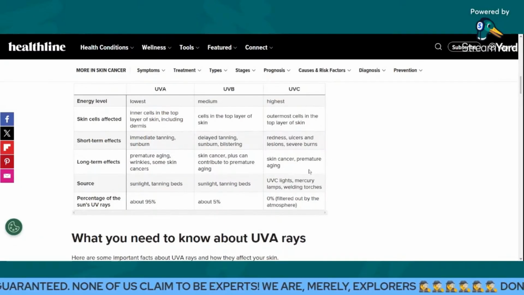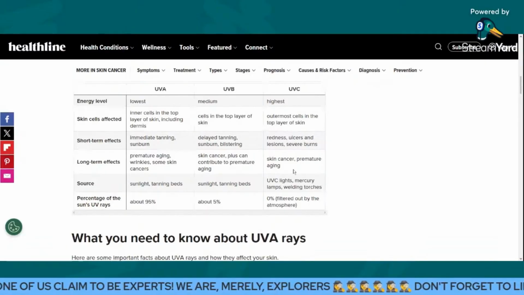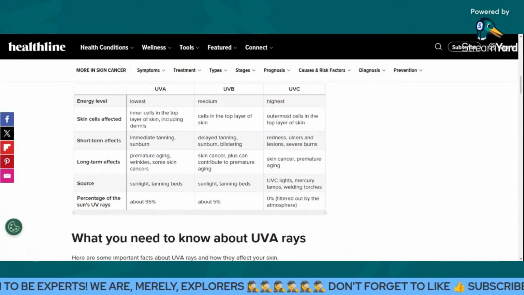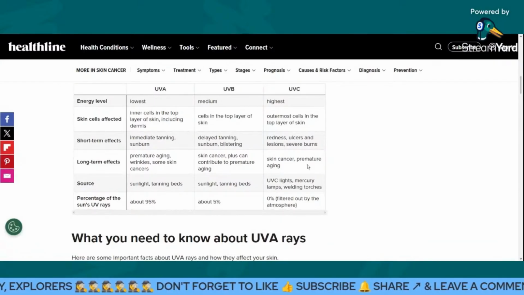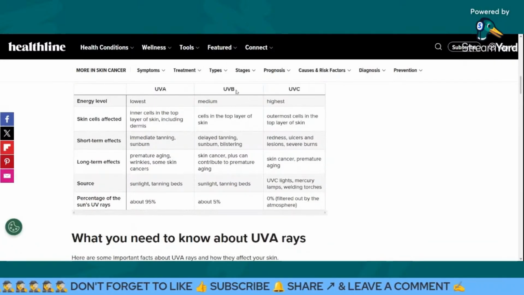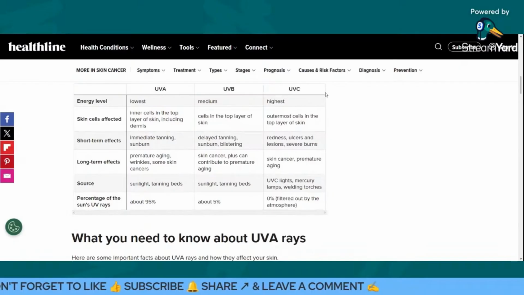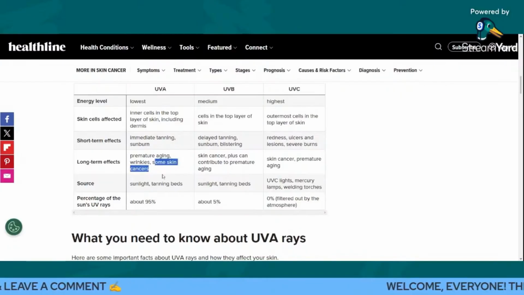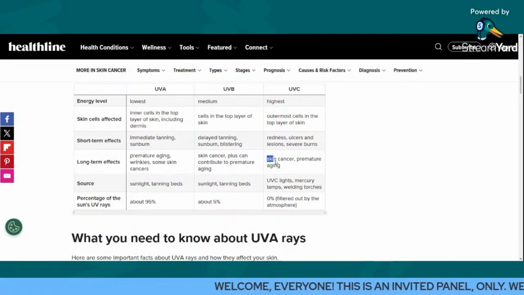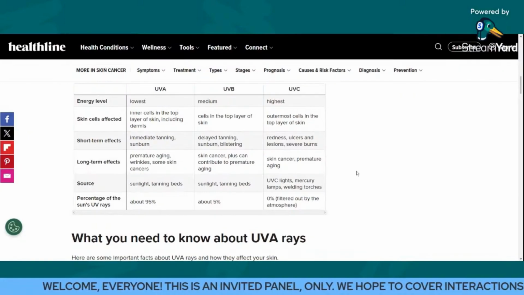UVC, skin cancer, premature aging. So all three bring around premature aging, but it's B and C where the lowest it is, the less skin cancer, and the highest it is, the more likely it is to cause skin cancer.